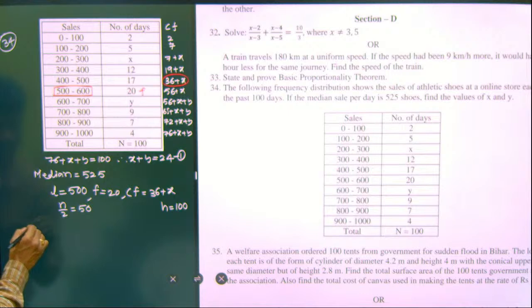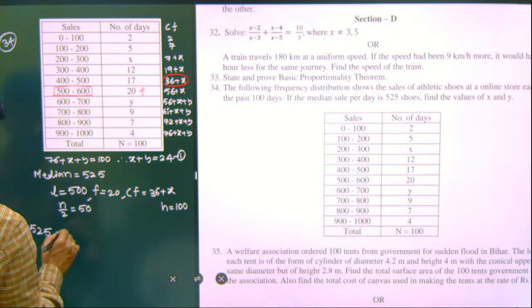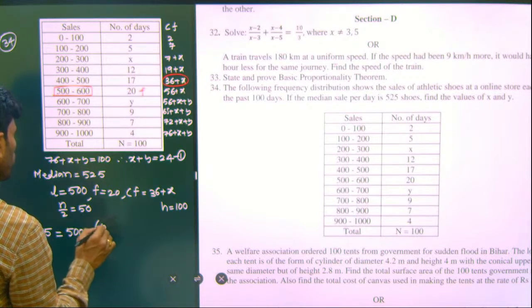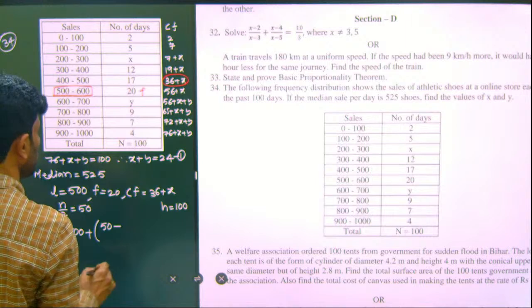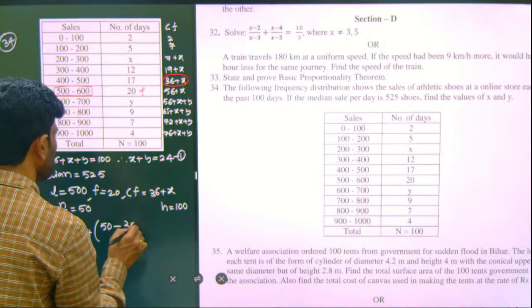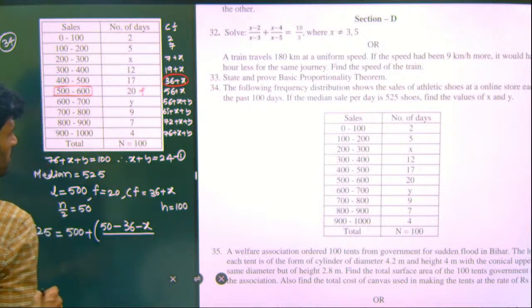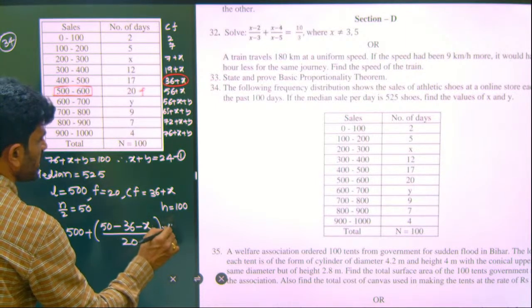So 525 is equal to L, which is 500, plus N by 2, 50, minus CF, 36 plus x, by F, which is 20, into H, which is 100.